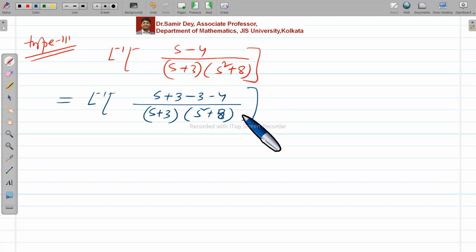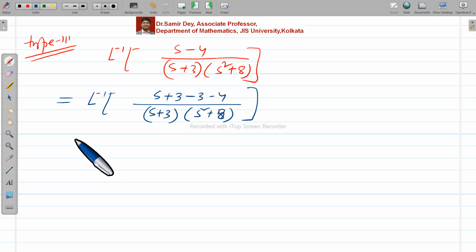Is it clear to all? Here I have mentioned how to decide, which is very easy. We want to express the same factor in the numerator part. So s, then I have mentioned plus 3 minus 3 to balance it. How to decide? We should add plus 3 because of this factor.